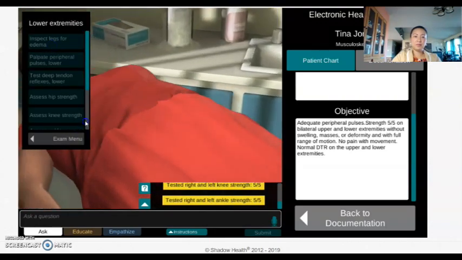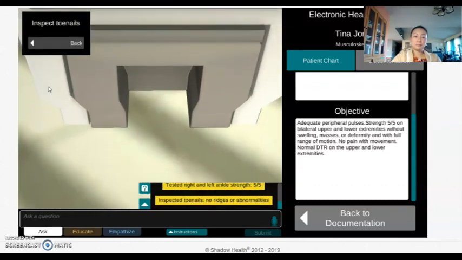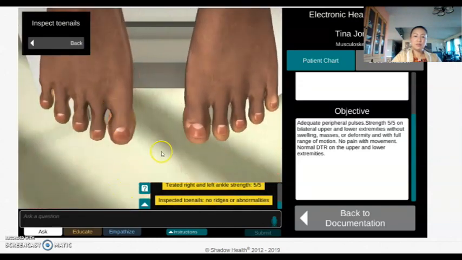There you go. Okay, I am going to inspect the toenails. I am looking for any clubbing, for any ridges or any abnormalities. And right now, I don't see any abnormalities.